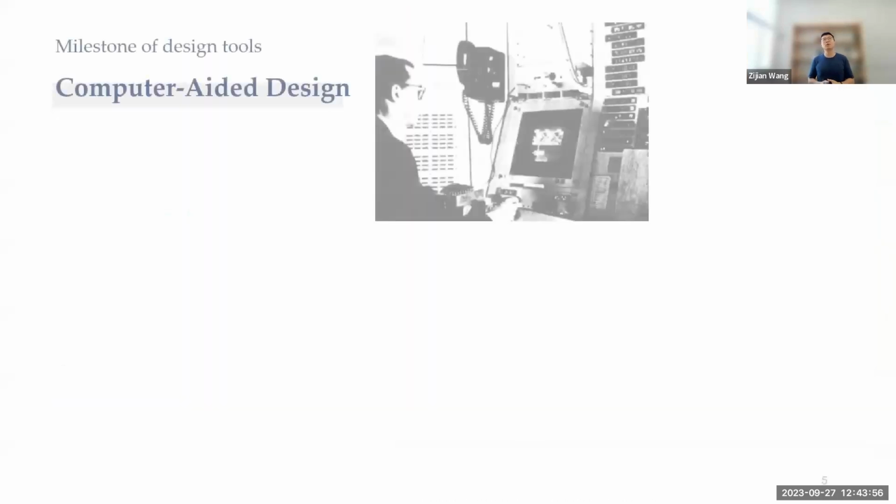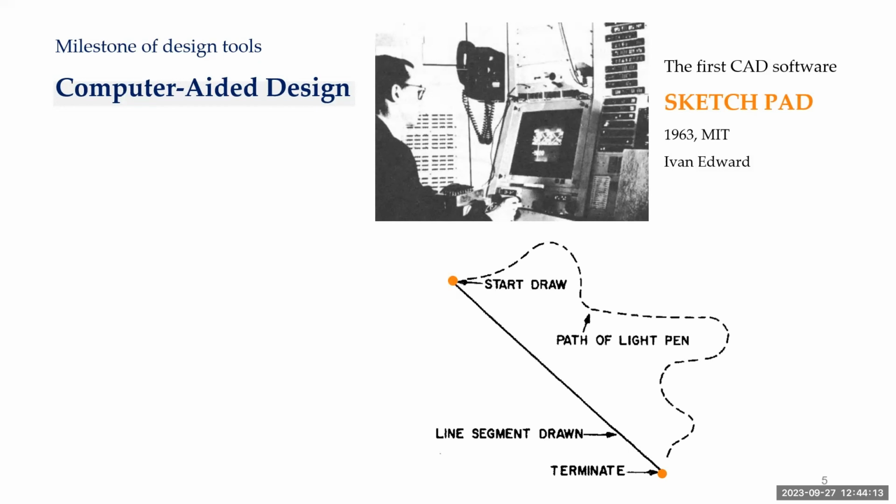With the development of computers, computer-aided design, CAD, appears. The first CAD software, Sketchpad, was invented in 1963 at MIT. Back at that moment, the computer mouse had not been invented yet. Therefore, the researcher used a light pen to mimic the physical pen.